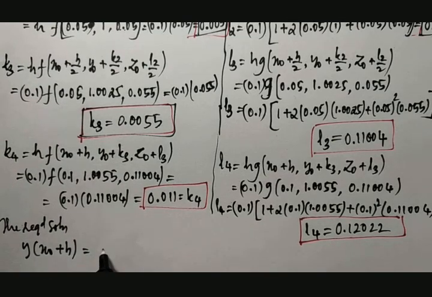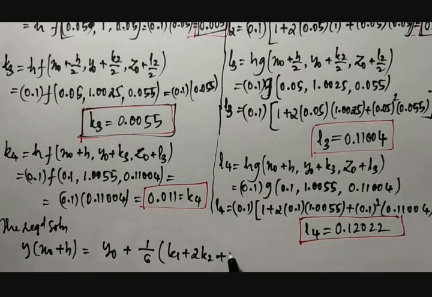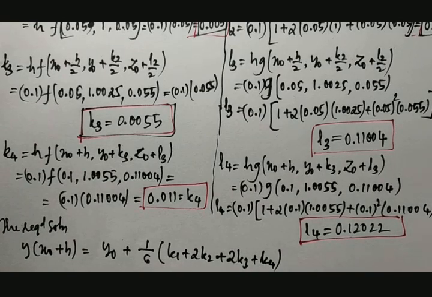Okay. So now let us move to the required solution, which is y of x0 plus h is equal to y0 plus 1 by 6 into k1 plus 2k2 plus 2k3 plus k4. Fine.